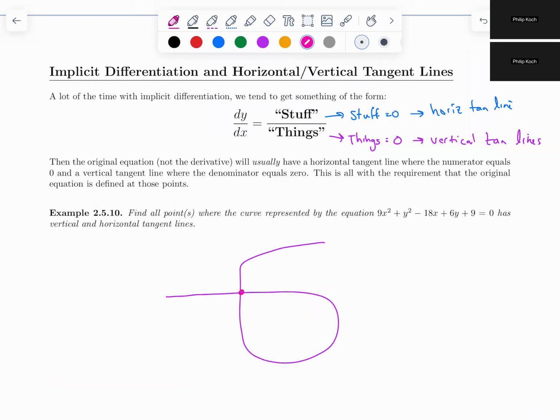I know you're all sitting there with a twitchy eye saying that's not a function, Phil, it fails the vertical line test. Yes, because it's an equation. And so in equations, you can have a vertical tangent line and a horizontal one. But if there's ever a situation that I throw at you that requires this, I will make sure that that doesn't happen. That's a very niche area that we don't have to worry about.